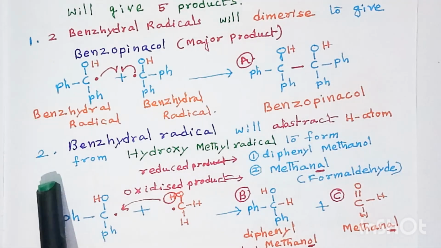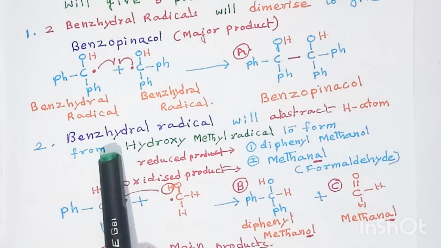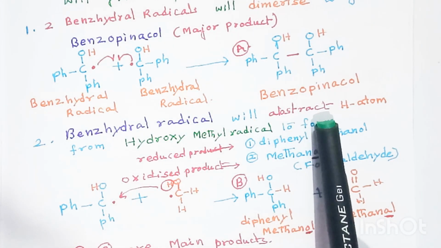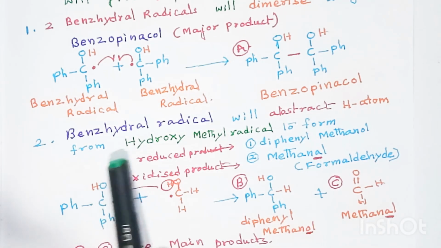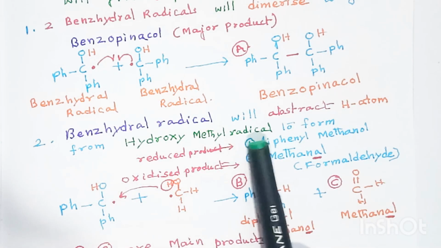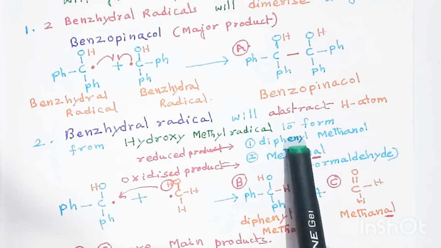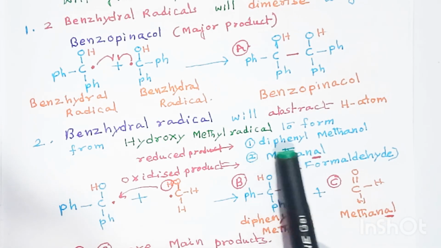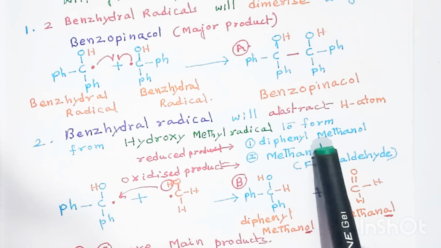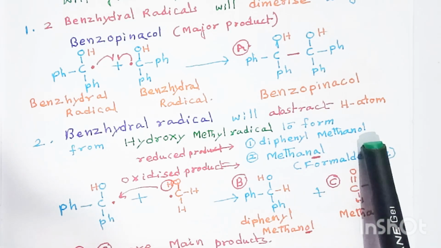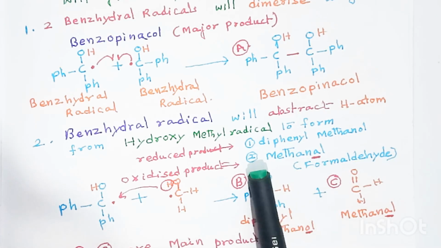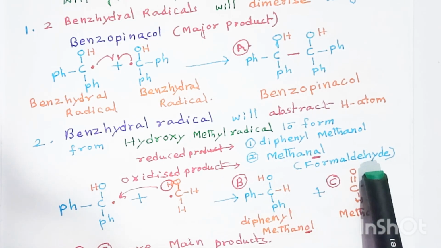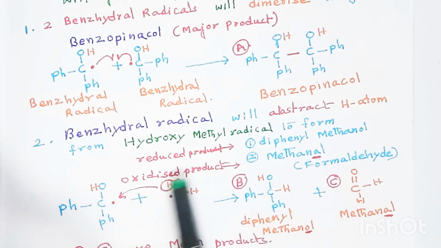Now the second reaction is benzhydryl radical will abstract H atom from hydroxymethyl radical, and it will form diphenylmethanol and methanal, that is formaldehyde. Let's see the reaction.